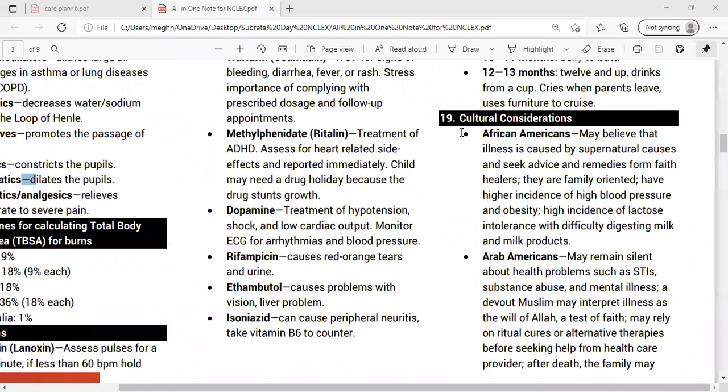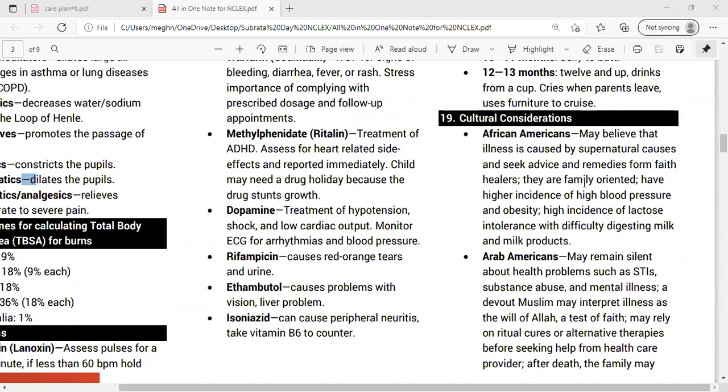So in case of cultural considerations, African Americans may believe that illness is caused by supernatural causes, and always look for advice and remedies from faith and healers.